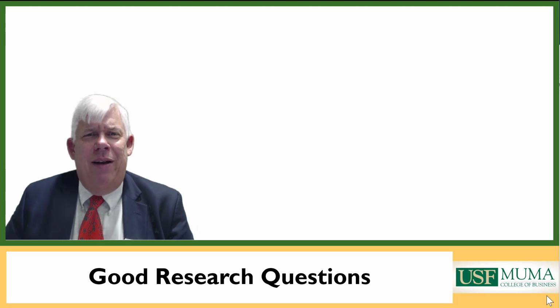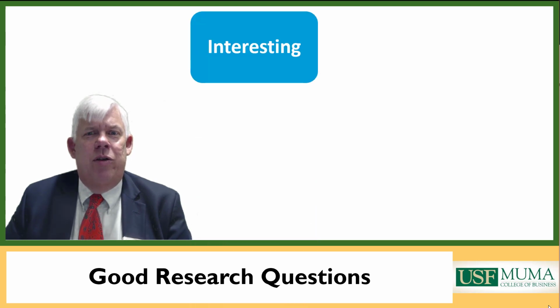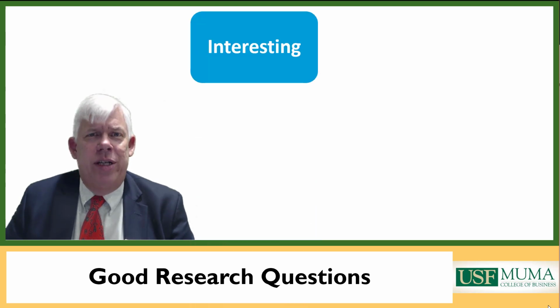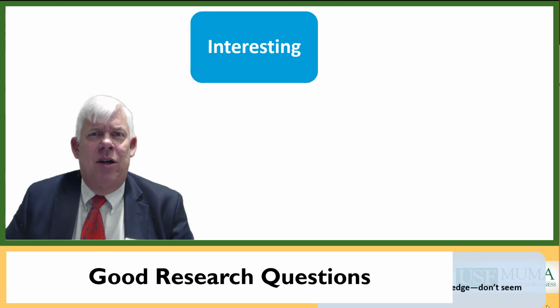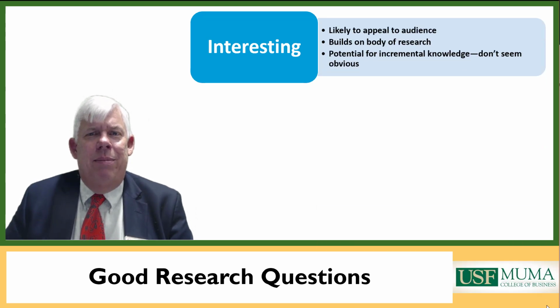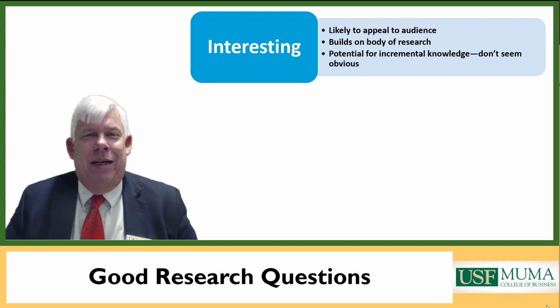The thing is, there are a lot of characteristics that help determine whether a research question is a good fit with a paper. So some of the things that I look at when I'm looking at research questions include, are the questions interesting? And so elements that make a question interesting might include they appeal to the audience. If you're dealing with a very subtle methodological question, that's not a good fit with a practicing manager audience.